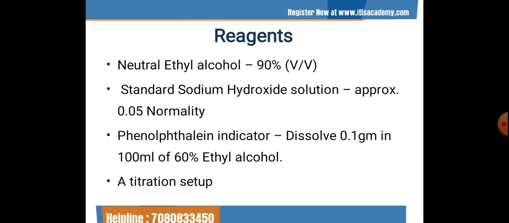The neutral ethyl alcohol is usually made by mixing 90 ml of ethyl alcohol in 10 ml of water. The reagents given here are prepared with the help of the solution preparation lecture. You have to refer to that lecture for the preparation of solutions.